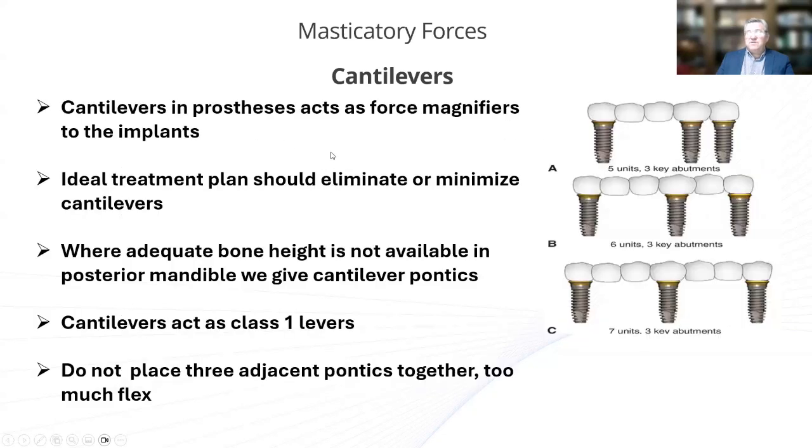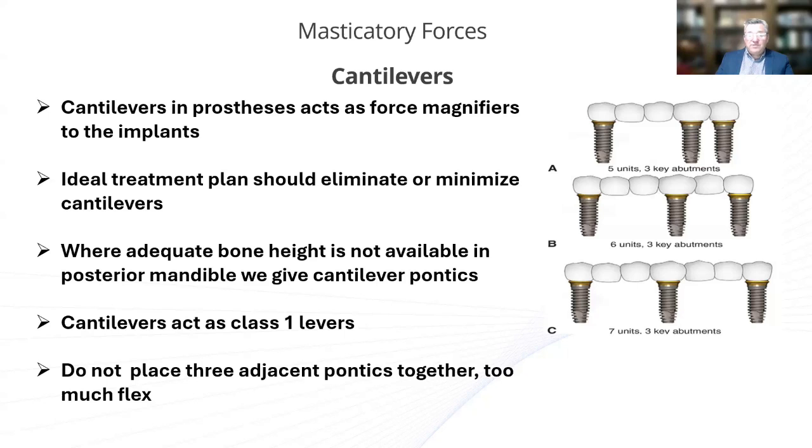So cantilevers in the prosthesis act as a force magnifier all the time, okay? Ideal treatment plan should eliminate them when we can. Where adequate bone height is not available, in the posterior mandible, we give cantilever ponics, yes. Cantilevers act as class 1 levers. That just means that it's a multiplier force from where it pivots.